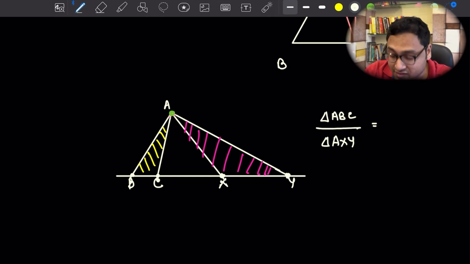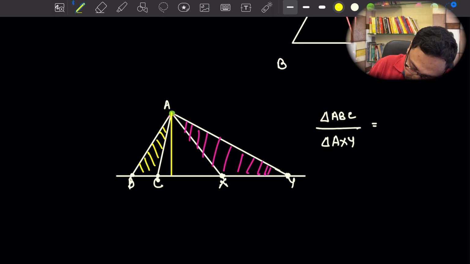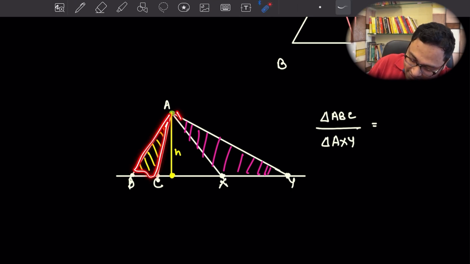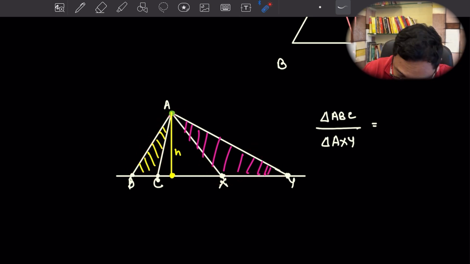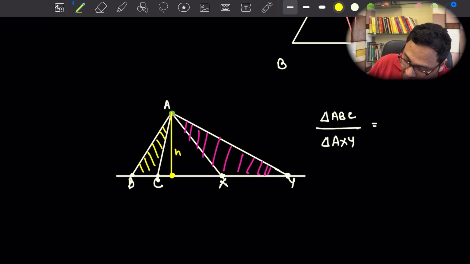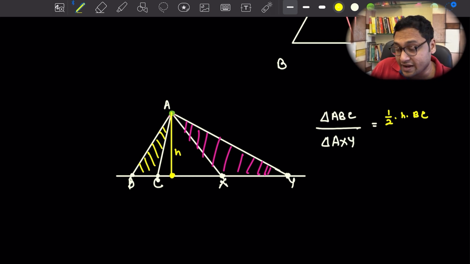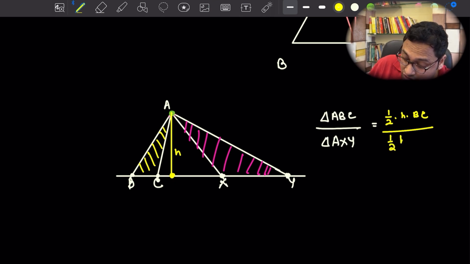So, if you drop a perpendicular, let's call it H. Notice that both of these triangles have the same height, H. Right? So, what is the area of triangle ABC? Well, it is half H into BC, half base into height. And area of triangle AXY is half H into XY.